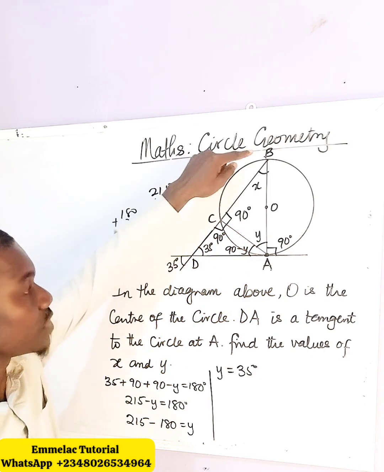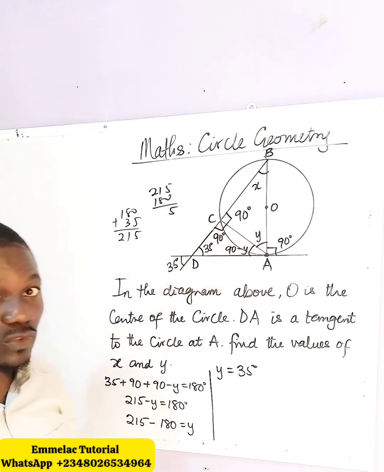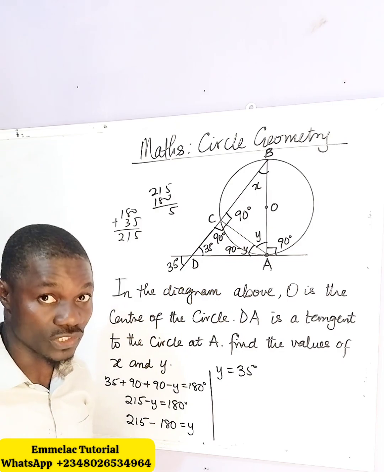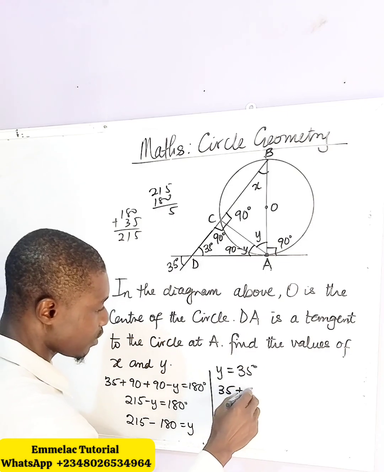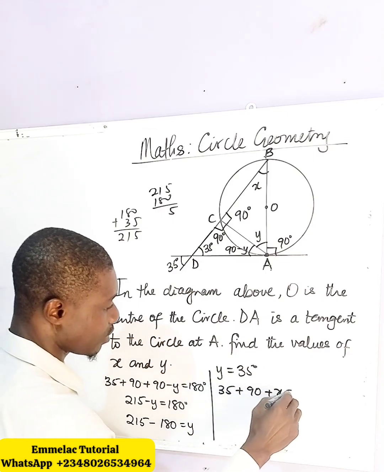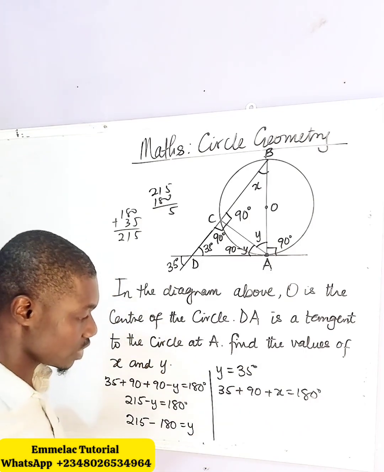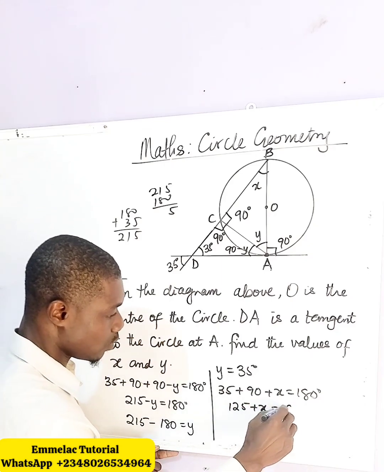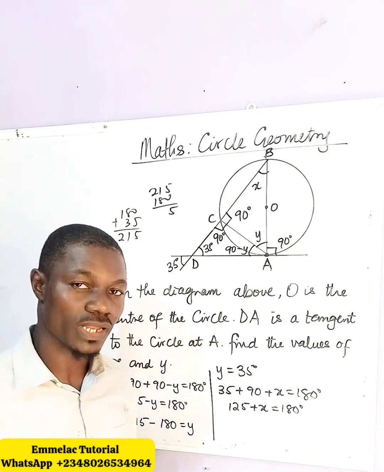Now if here is 35 degrees, and take note, this is also a triangle. CACB is a triangle. So if here is 35, here is 90, then we should be able to find the value of x. Sum of angles in a triangle as usual. So here we have 35 plus 90 plus x all equals 180. Summing these together gives us 125, plus x equals 180.